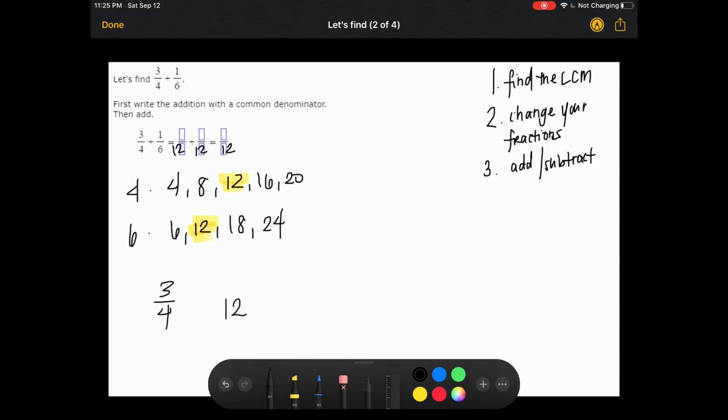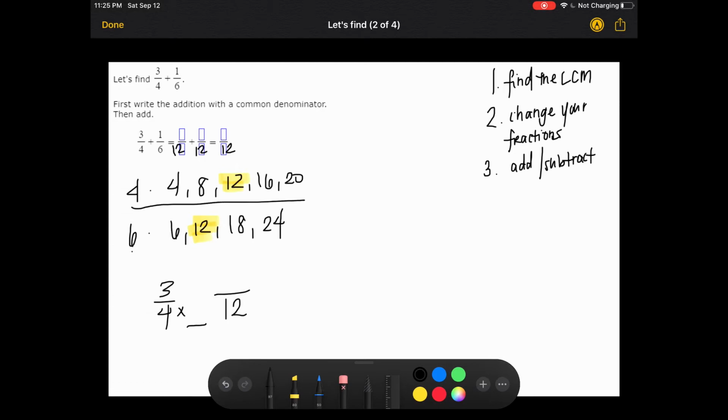So if I have 3/4 and I wanted to make it into something that is 12 as a denominator, but I wanted to equal the same thing, I have to change the digits in my numerator because I've already changed the denominator. Now the easiest way that you do this is you say just proportionately, right? So you do 4 times what equals 12.